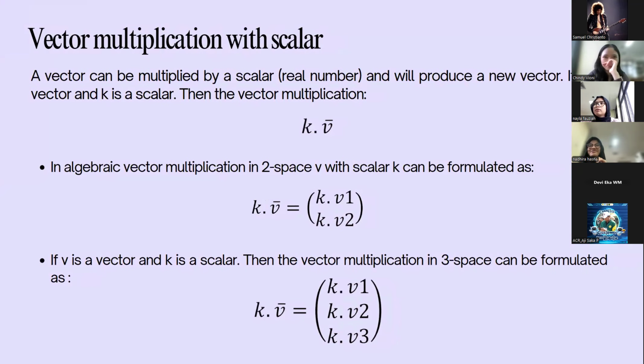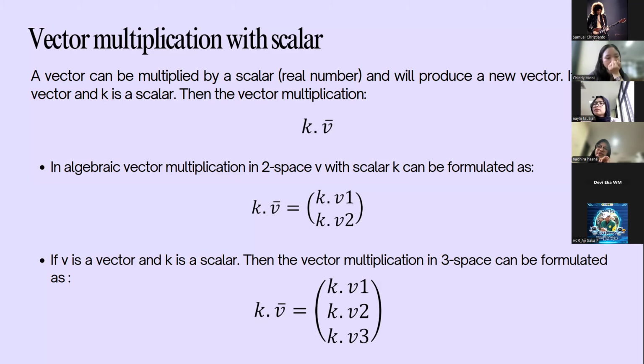Next is vector multiplication with a scalar. A vector can be multiplied by a scalar or a real number and will produce a new vector. If v is a vector and k is a scalar, then the vector multiplication can be written as k multiplied by vector v.